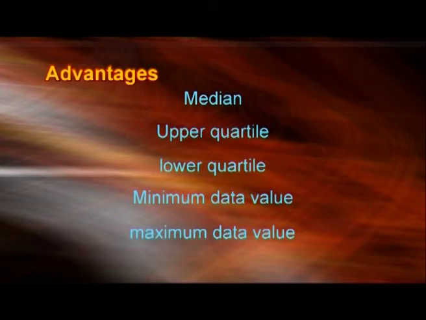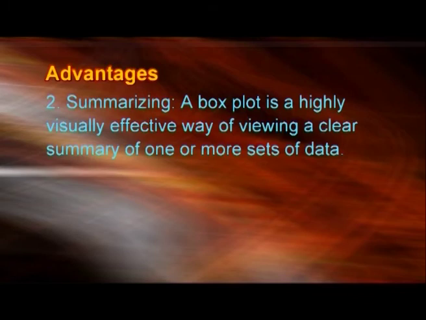Organizing data in a box plot by using 5 key concepts is an efficient way of dealing with large data that is too unmanageable for other graphs, such as line plots or stem and leaf plots. Summarizing.